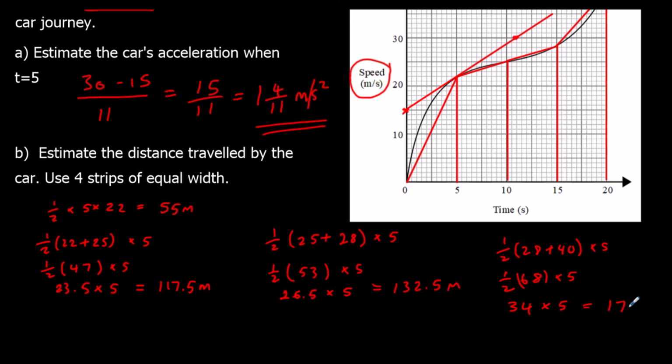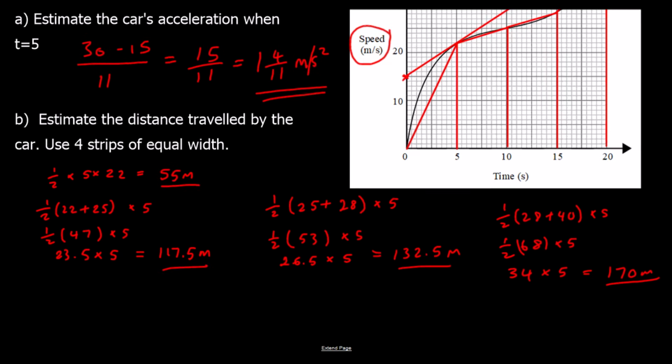Half of that is 170. So there are 4 areas. If we add them all together, so 117.5 plus 132.5 makes 250. 250 and 170 make 420 plus 55, so that's 475 meters.